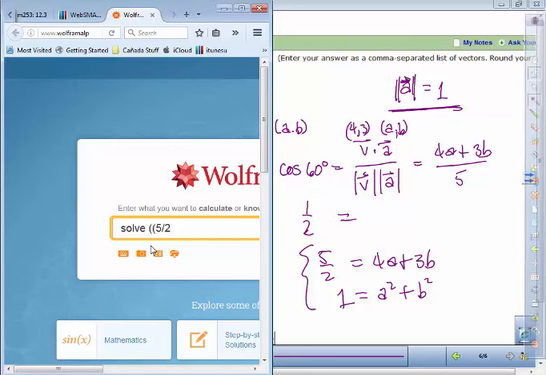Oh, by the way, if you want decimals, then you can use decimal notation. If you don't use decimal notation, Wolfram is going to try really hard to keep it as an algebraic number with fractions and stuff. So let's make it work a little bit here. 4A plus 3B. And then the second equation is 1 equals A squared plus B squared.